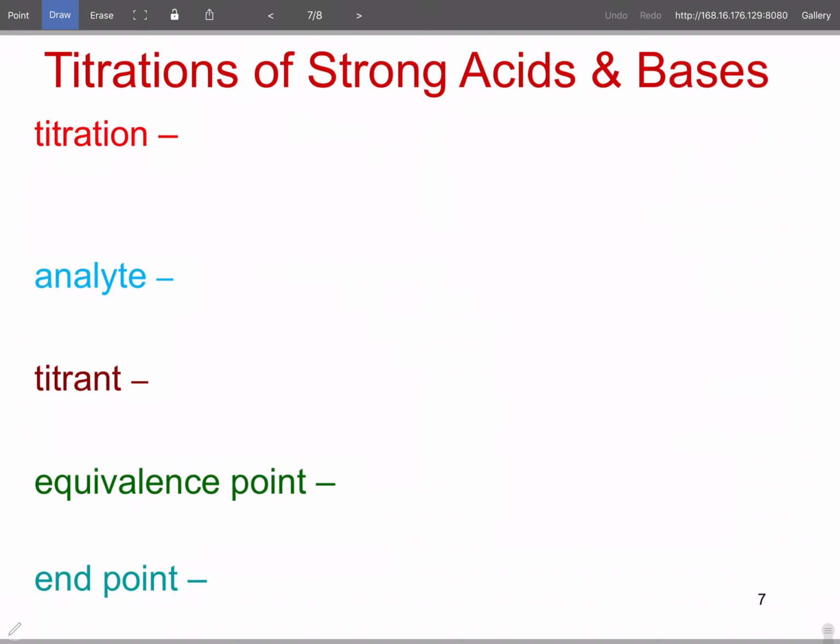Okay, the next thing is that when the stoichiometry 2, we do the titration lab. And so there are terms associated with that.